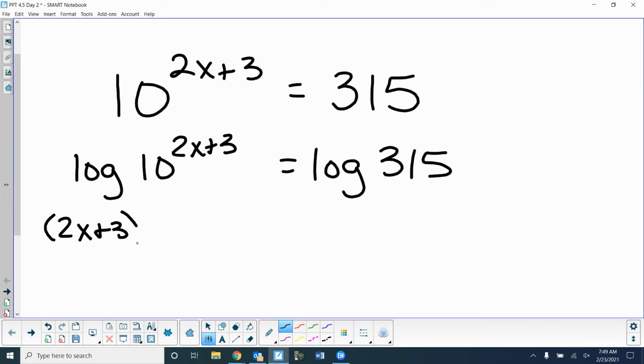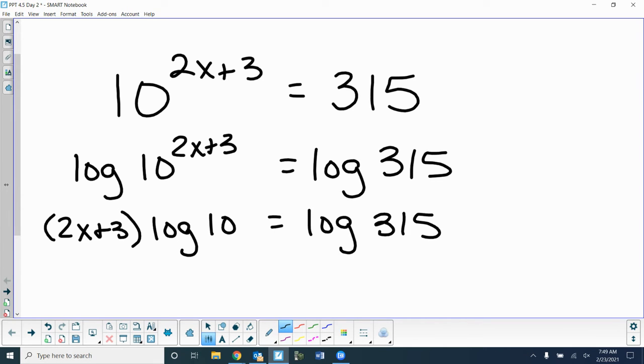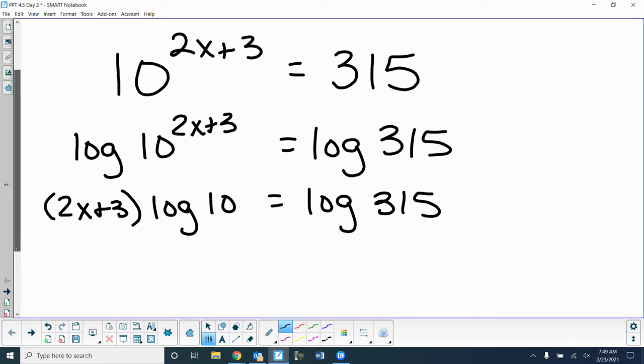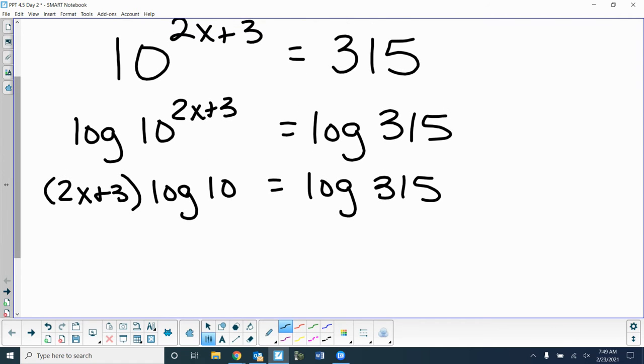That's the same as having it as the exponent. So this is the way we should do these. That way we don't have to try to think, can I write 10 and 315 with the same base? Which probably can't happen.